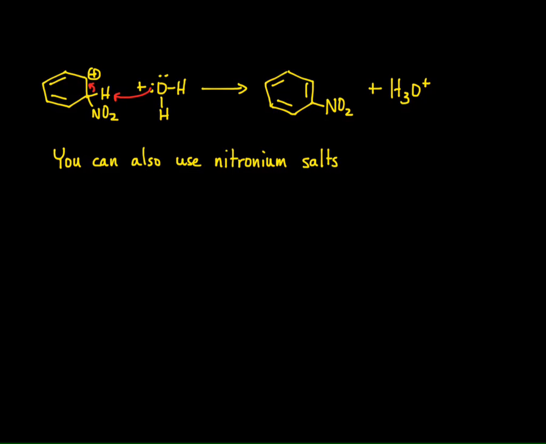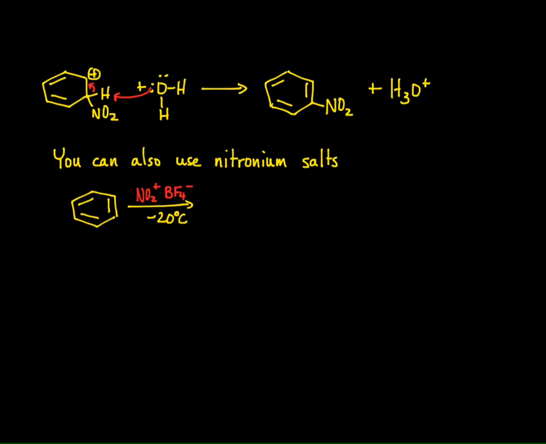Now, because the nitronium ion itself is the electrophile, you can also buy nitronium salts because the nitronium ion is relatively stable as a cation. And you can see this in the following reaction, where benzene reacts with nitronium tetrafluoroborate at minus 20 degrees.